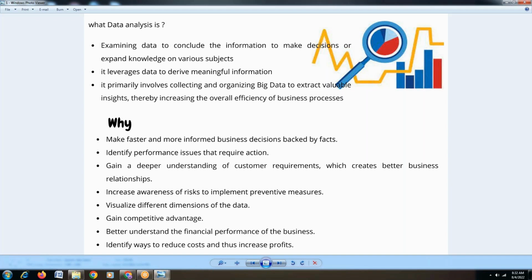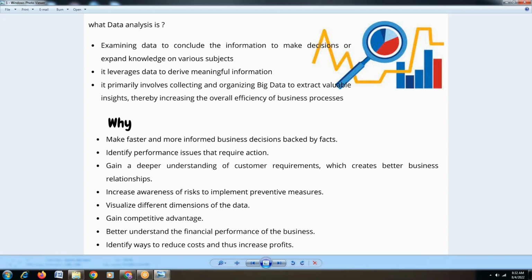Because without understanding the facts, taking business decisions will not give us any strong results. If you want to make any kind of decision in the business, it must be accurate and it must be faster, both.